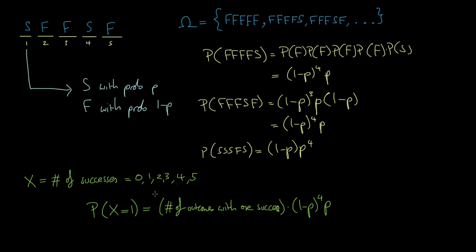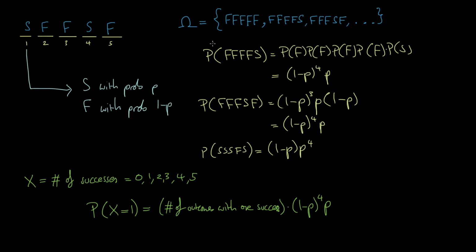And so our next question is, how do we figure out the number of outcomes that had 1 success? And the answer to that question is, how many different ways can I arrange a single success amongst a total of 5 trials? For this single case, it's very obvious. The S can be either in the first, the second, the third, the fourth, or the 5th position.